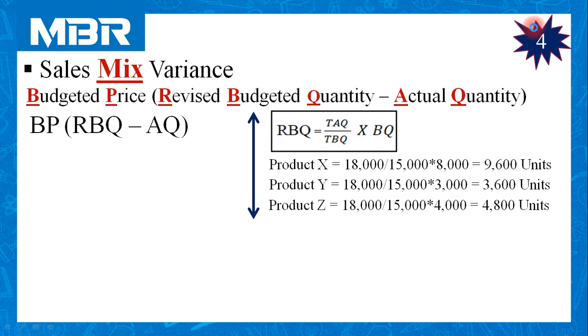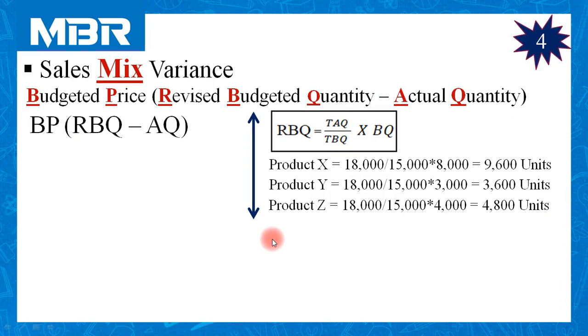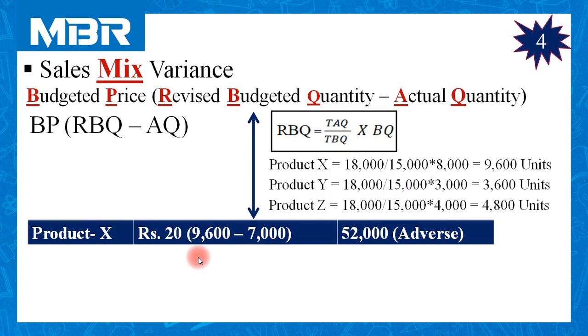Now, use this figure of revised budgeted quantity. Budgeted price is given to us in our question: 20, 30 and 25 for product X, Y and Z respectively, and actual quantity 7,000, 5,000 and 6,000. Calculate mix variance.